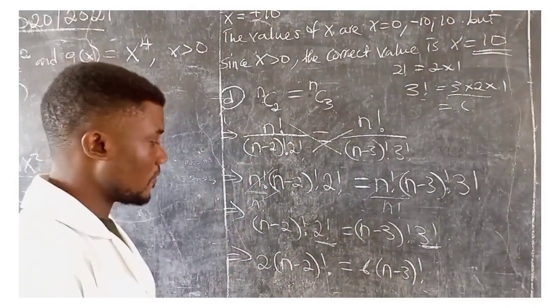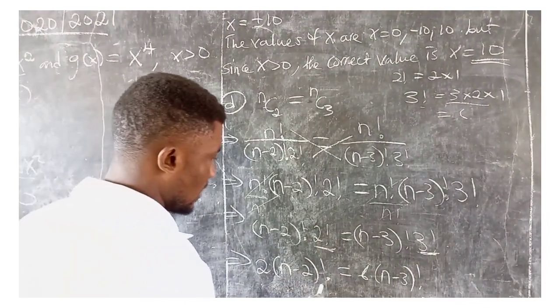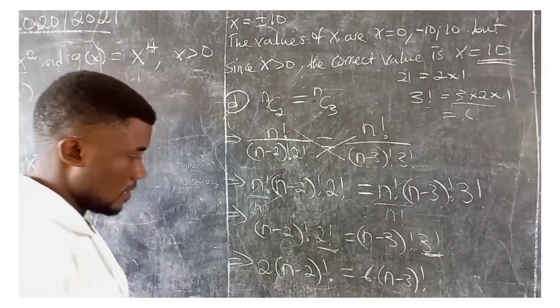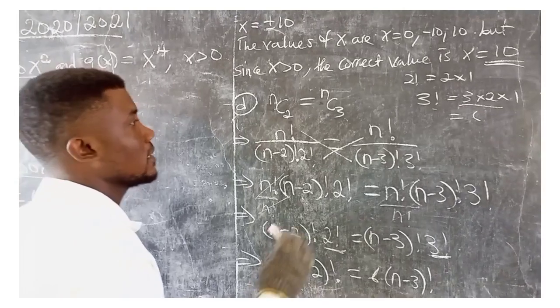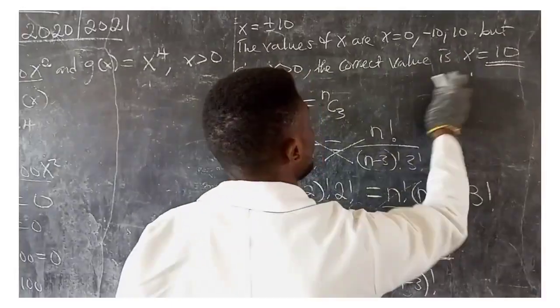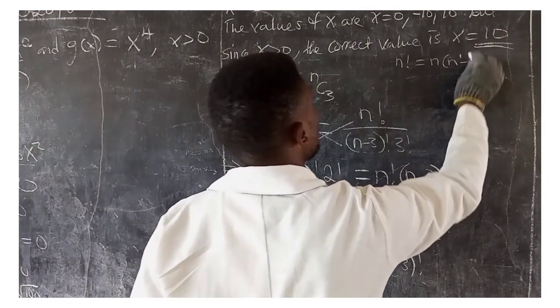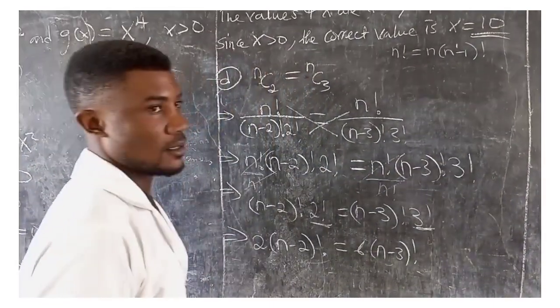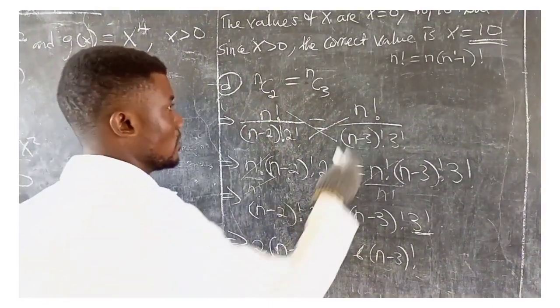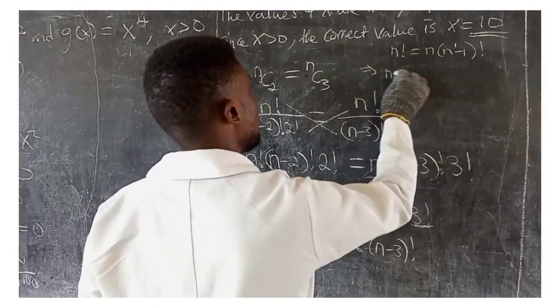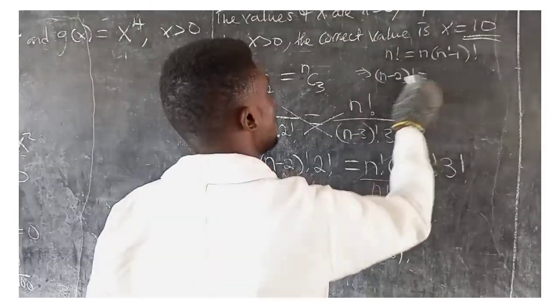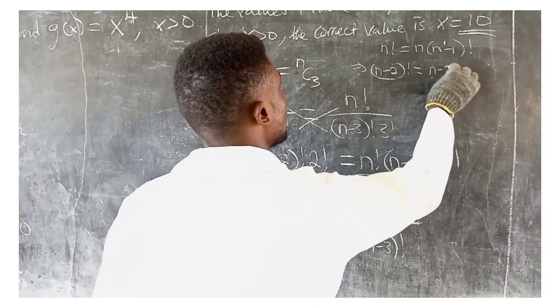Our interest here is to find n. So to find this n, I'm going to expand this. We know that n factorial means n into n minus 1 factorial. So this implies that what? N minus 2 factorial. This is my n, I copy it.